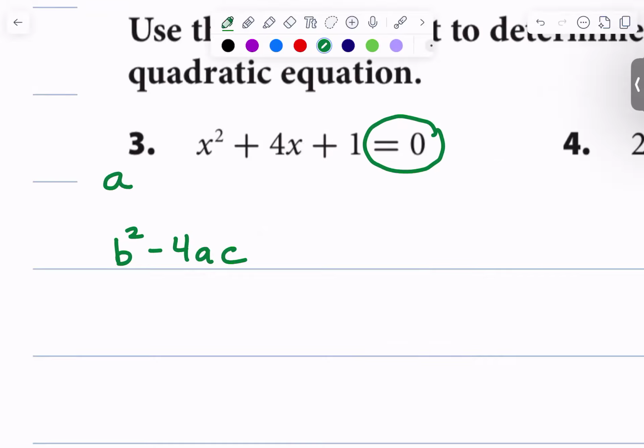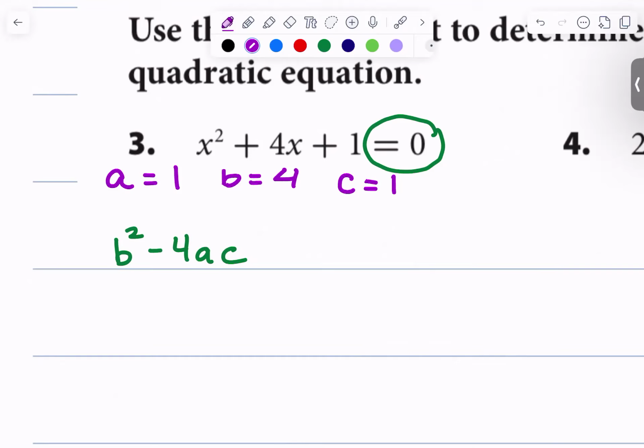Remember that my a value will be the coefficient of my variable squared, which is 1. My b value is the coefficient of my variable, which is 4, and my c value is the constant, which is 1 as well.